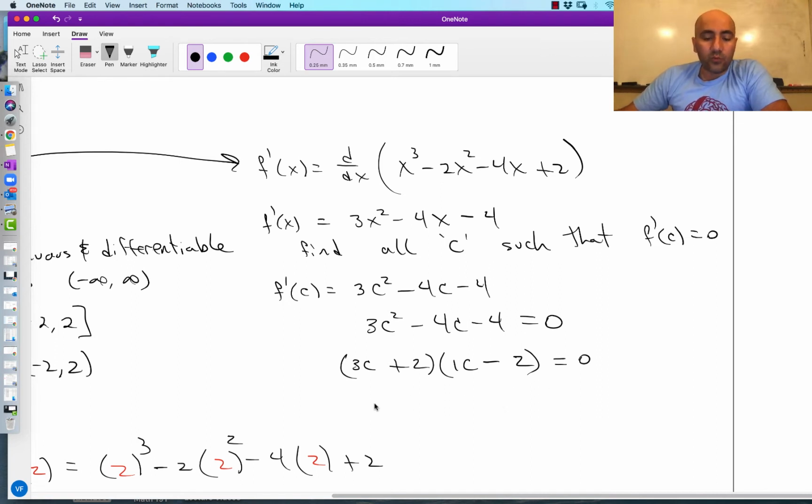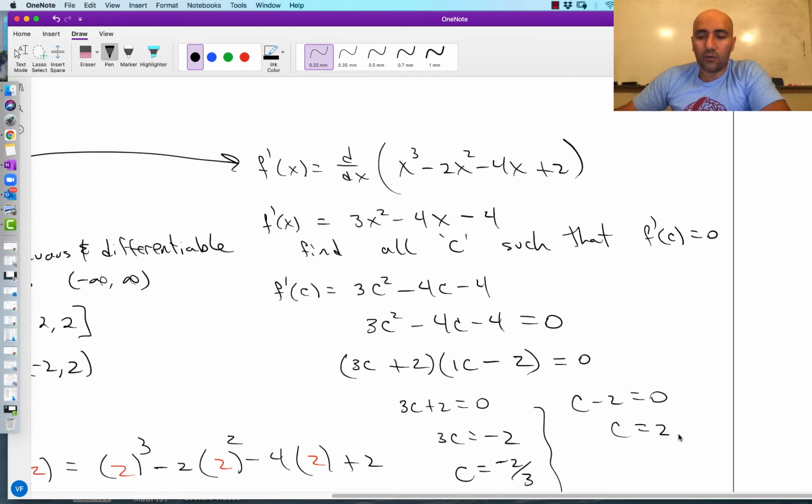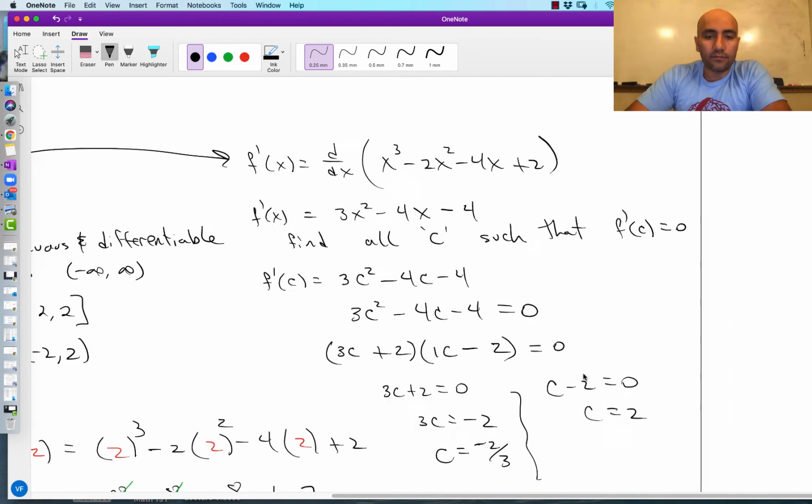Good. Next, we set each one of these equal to 0. We get 3c plus 2 equals 0. Therefore, 3c equals minus 2, and so c equals negative 2/3. That's one option. And the other one is that c minus 2 equals 0. Therefore, c equals 2. Okay, so those are the two solutions here.